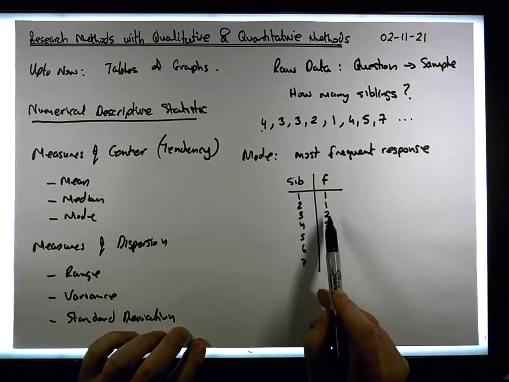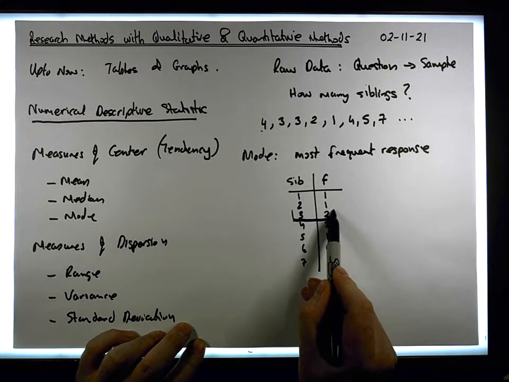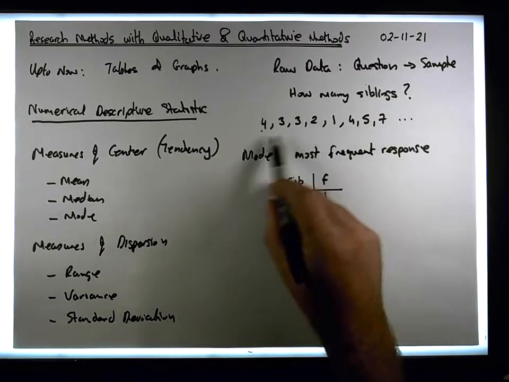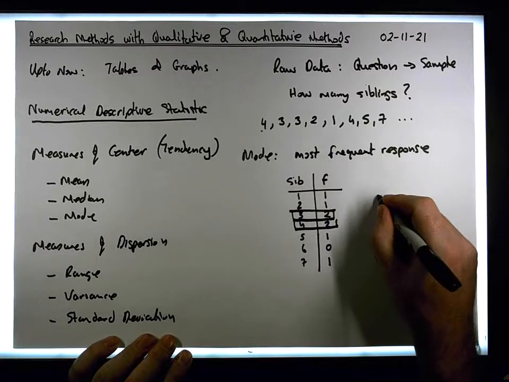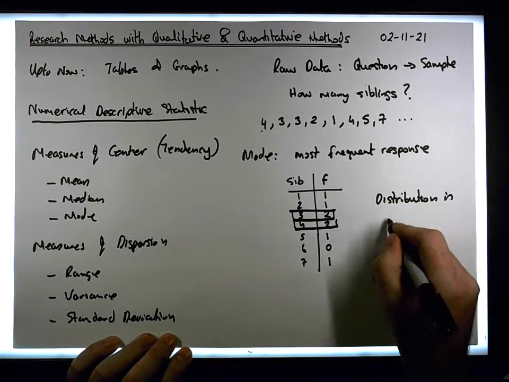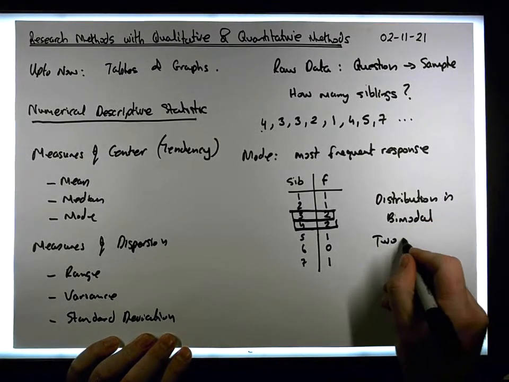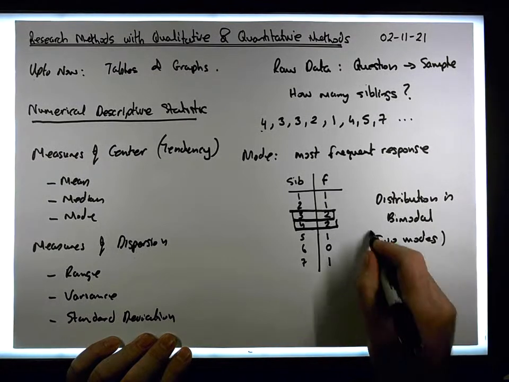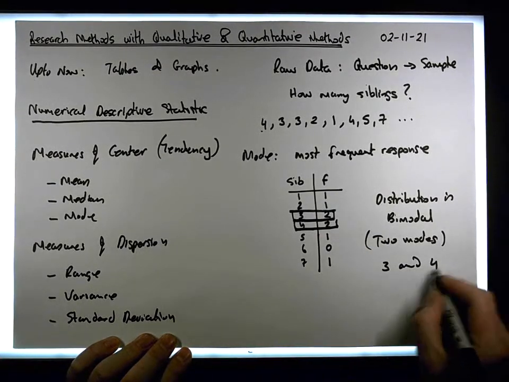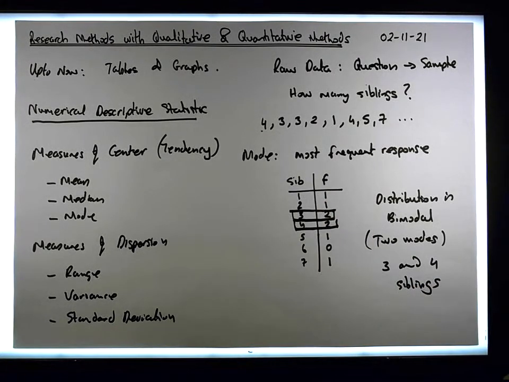In our case, the number 3 occurred twice and the number 4 also occurred twice. So we'd say that the distribution is bimodal, because we have 2 modes. In particular, the modes are 3 and 4 siblings. They're the most frequent responses in that data set.